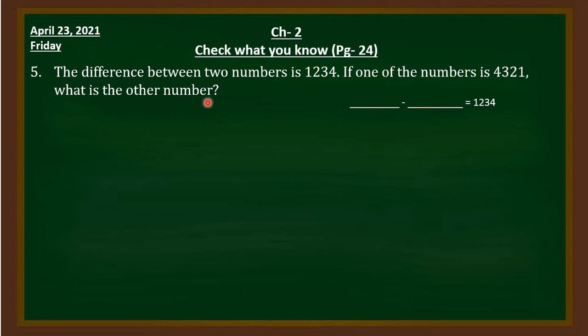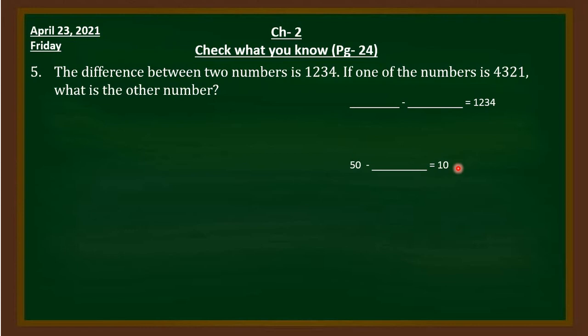Kids, suppose you had 50 marbles and your friend also had some marbles, but you don't know how many. But you know that you have more marbles than your friend. And the difference between your number of marbles and your friend's marbles is 10, which means your marbles minus your friend's marbles is 10.